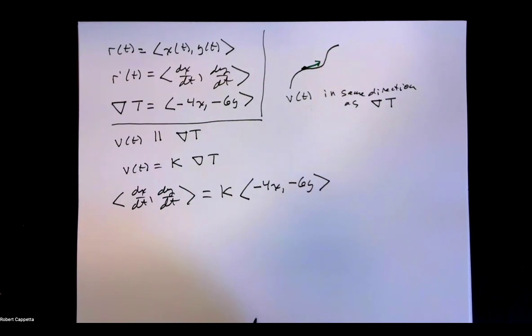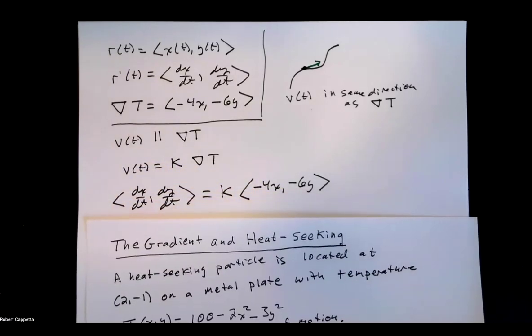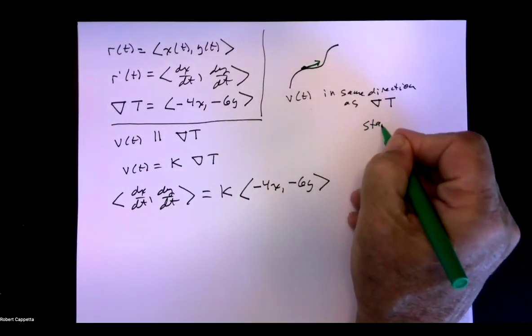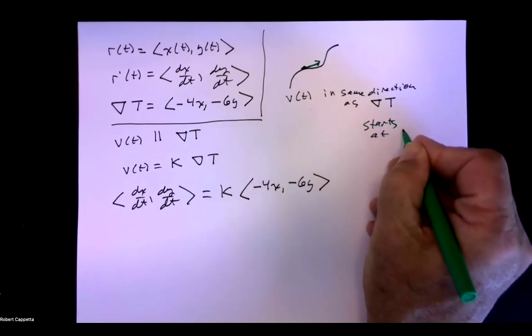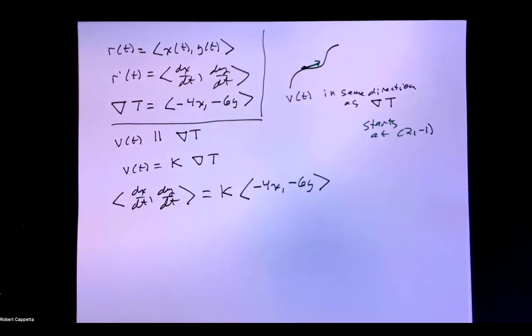Is there anything else I need to remember about this problem? Well, don't forget, in the beginning, we said the heat-seeking particle is located at (2, -1). So let's make sure we realize that it starts at (2, -1), which would tell me something about my position function.